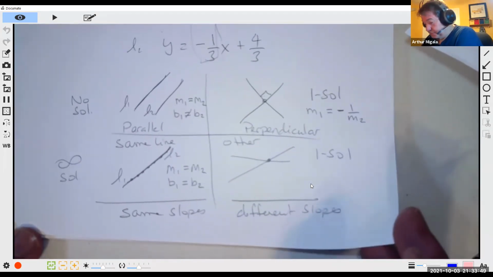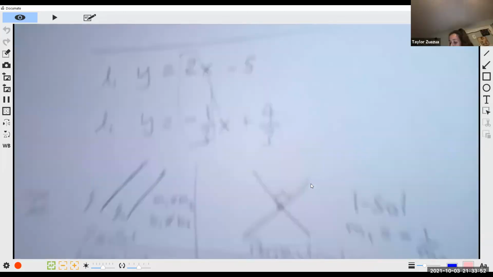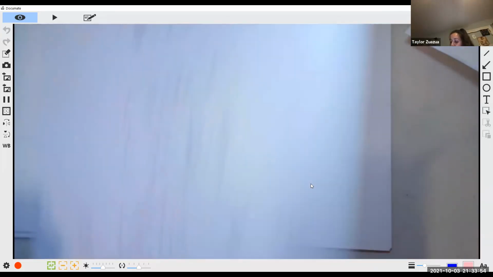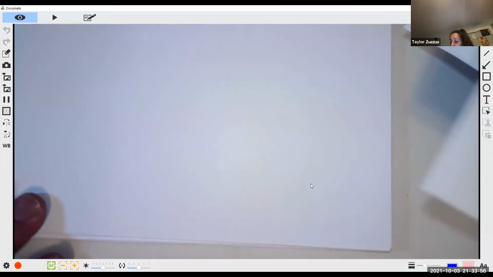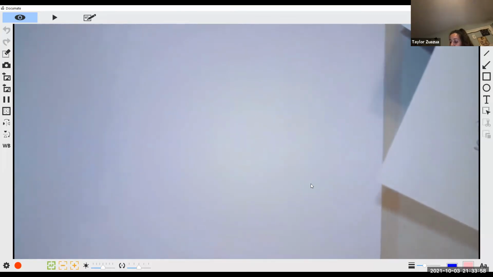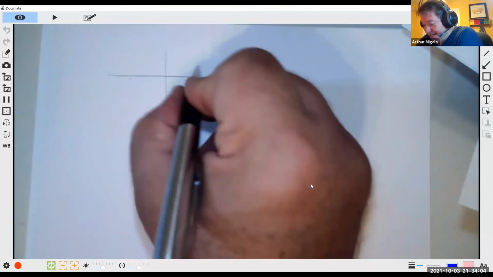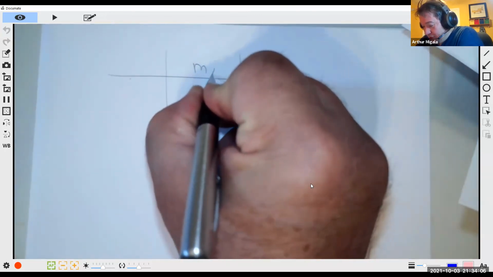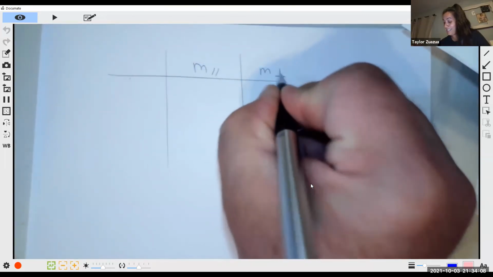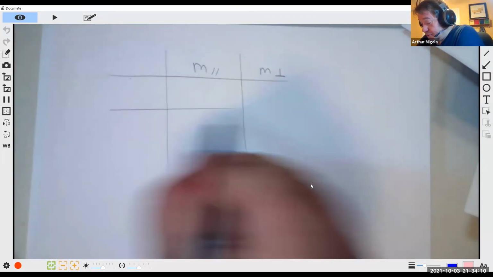Now, what does that mean? Would it mean like it's negative 1/3 on one of them and the other one is -3, pretty much? Wouldn't it? No, close, but no. You were very close.